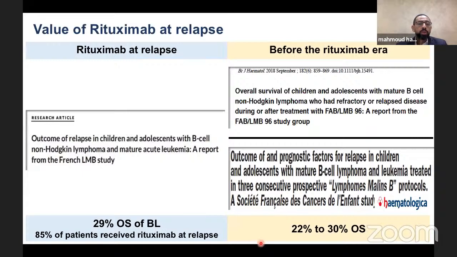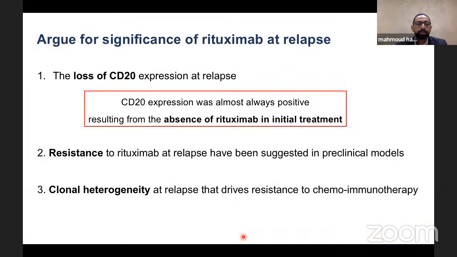Also, the value of rituximab at relapse is discussed in a lot of adult and pediatric series. In the French LMP study, they showed that the outcome of patients who were reinduced at time of relapse with rituximab was almost equivalent to other studies that didn't use rituximab, with the outcome ranging around 30%.